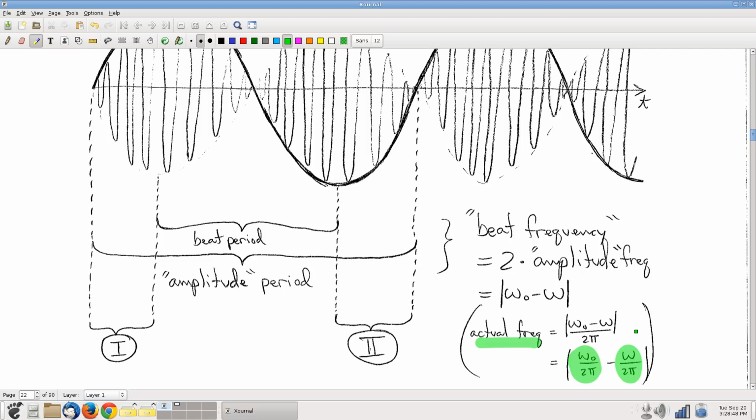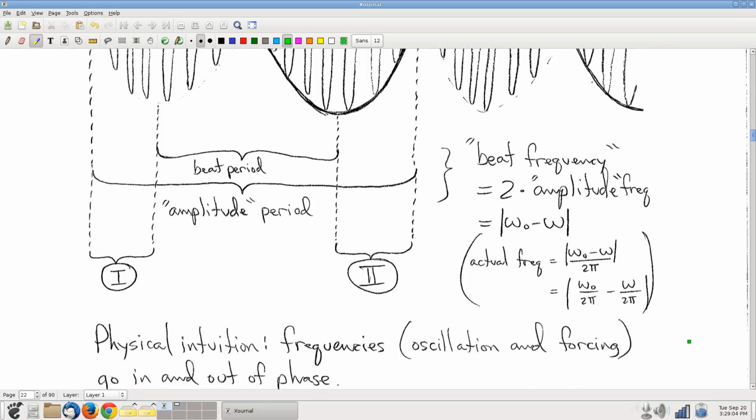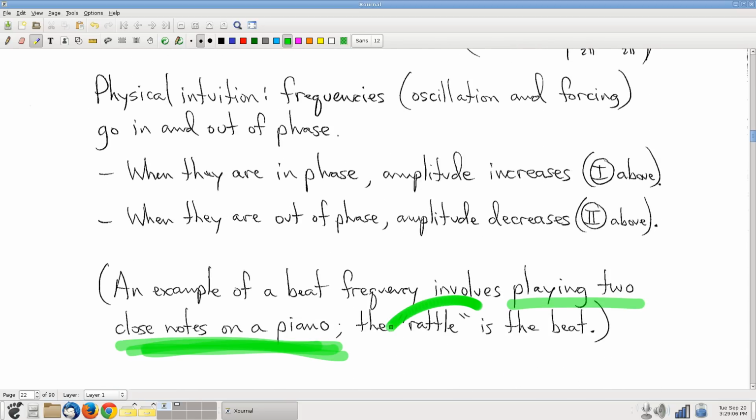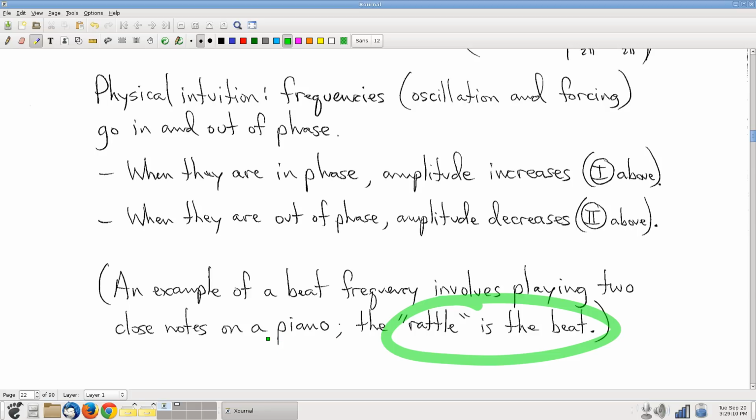They might only be a few hertz apart, maybe 10 or 15 hertz apart. And so the beat frequency would be a very, very low frequency, like 10 or 15 hertz, and that's not sound. That's something that would come off as a kind of rattle. So that rattling sound that you hear when you play two near notes on a piano, it's the beat.